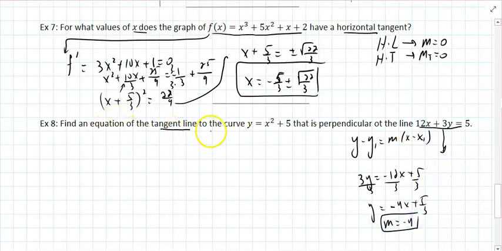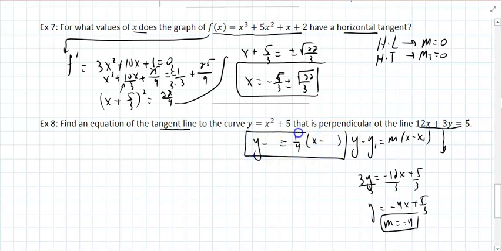Find an equation of a line to the curve that is perpendicular to this line. Well, I know the slope already. I know it's going to be y minus, I need the point. I know the slope is going to be, since it's perpendicular, 1/4. Right?